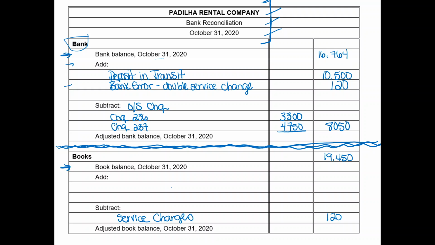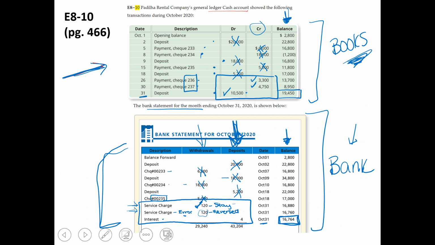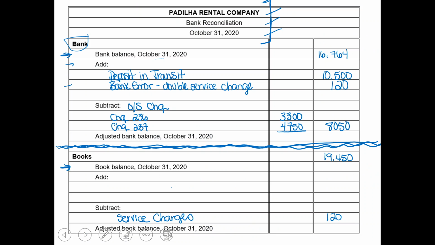Okay, so that's the two service charges we've dealt with. So again, we can put a check mark there. Yep, we've dealt with it. The next item is this interest that we can see. So $4 was deposited into the bank account. So that's money that we just get to keep, but it hasn't been recorded. So we're going to add it on the books side.